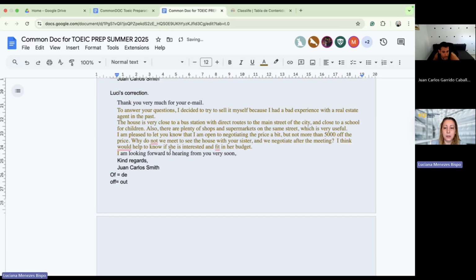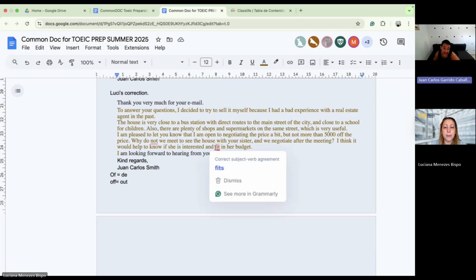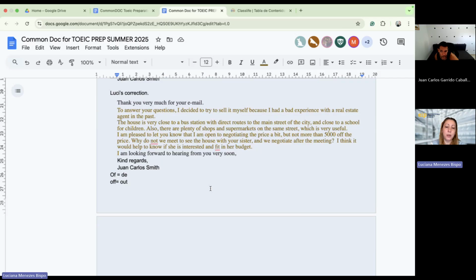I think it will help to know if she's interested and it fit. No, fits. Yeah. It fits. No, not like. I think it would help to know if she's interested and, but what? The house. What fits? The house fit the price. And the price. And the price fits. Negotiated. More information, yeah.